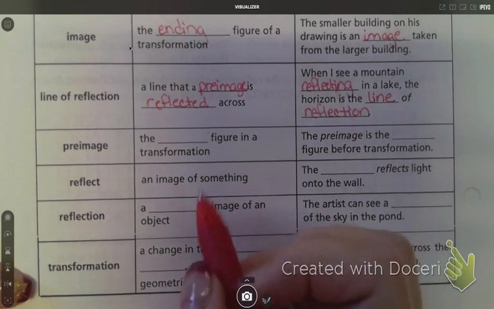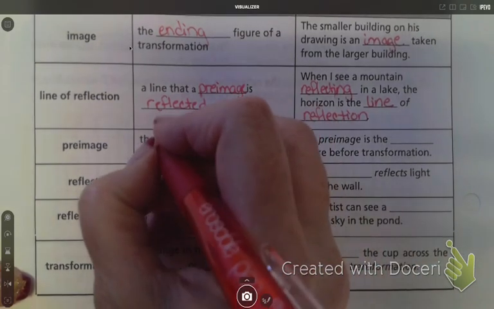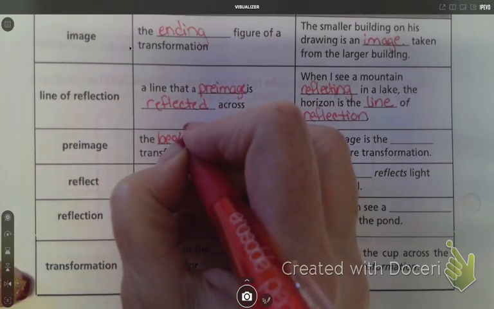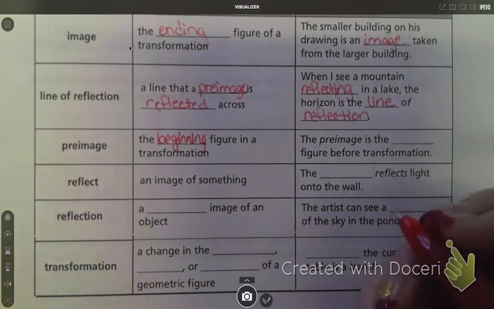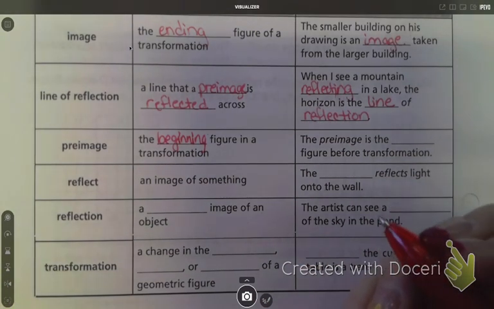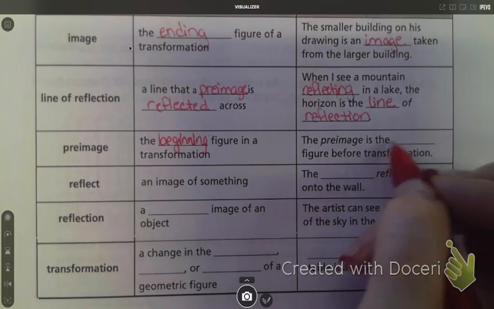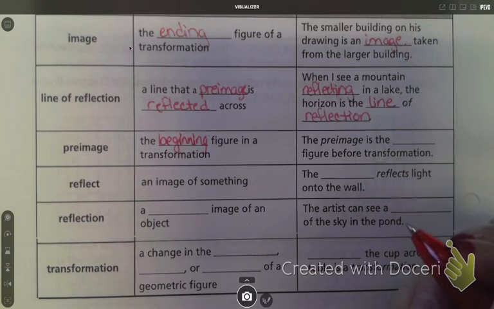So pre-image. The beginning figure of a transformation, starting figure. Okay. The pre-image is the blank figure before transformation. Let's not use beginning.